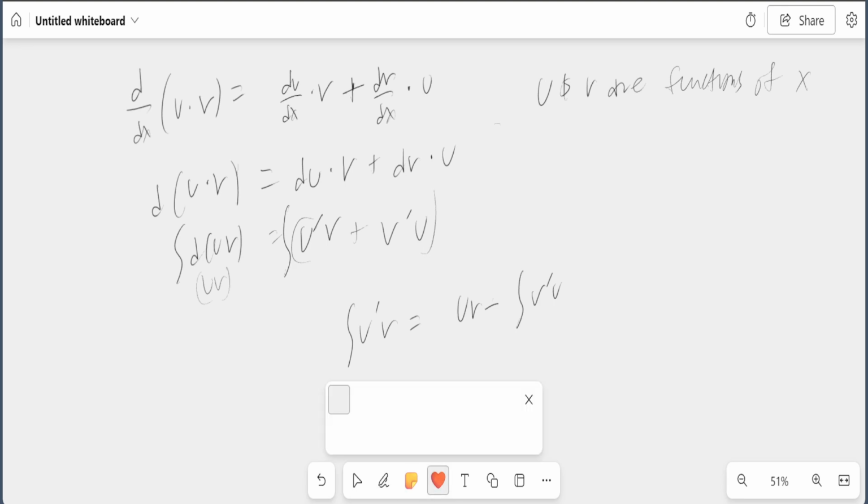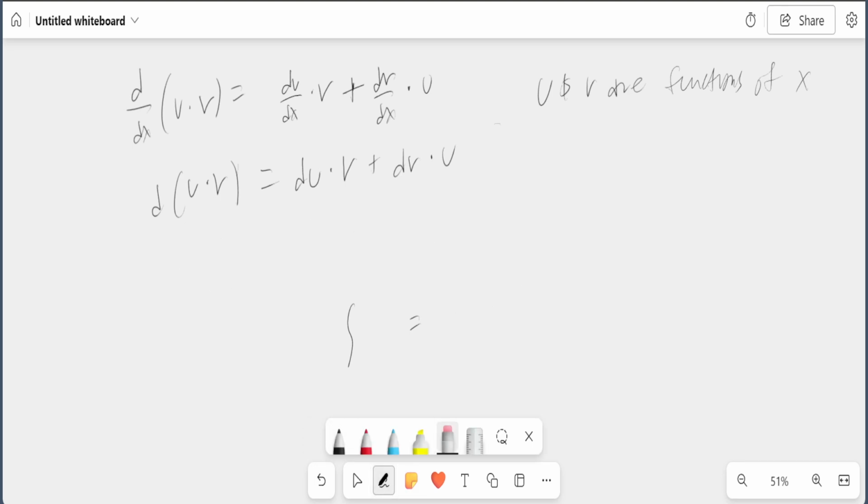Whoops. If you solve it, you'll get u dv. Oh wait, he does do it with this notation. Okay, I'm going all over the place. That makes it at least a little more bearable.